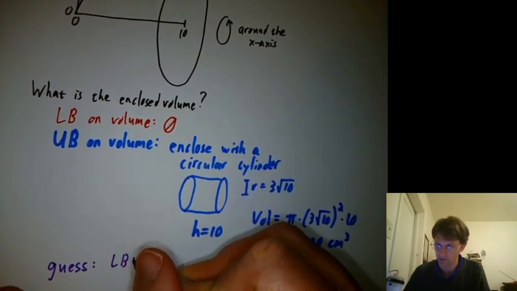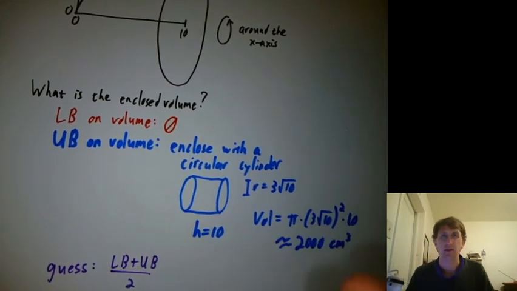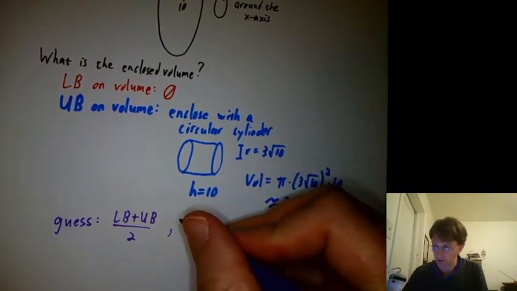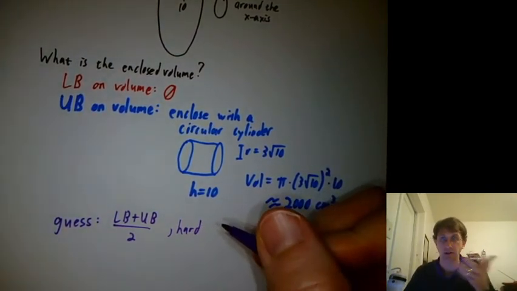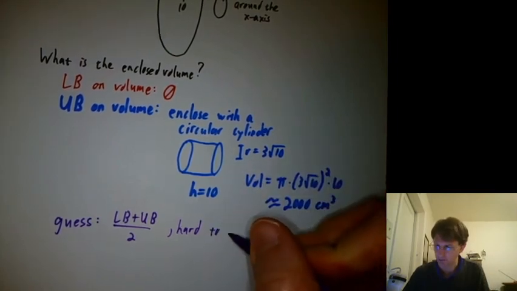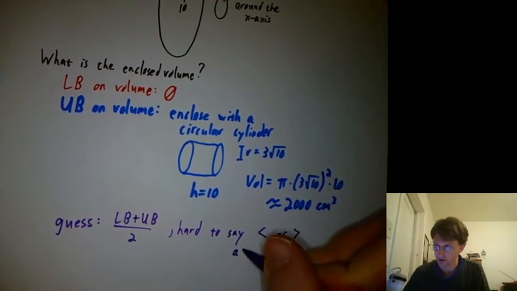So it makes sense to do lower bound plus upper bound over 2. And here it's hard to figure out whether the guess is above or below the actual answer, because we're trying to learn to think in 3D with the rotations and stuff. So it's hard to say if it's less than or greater than the actual volume.